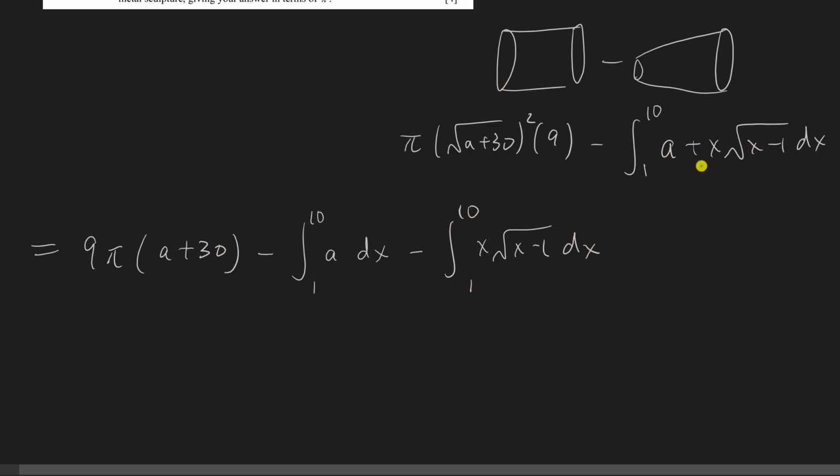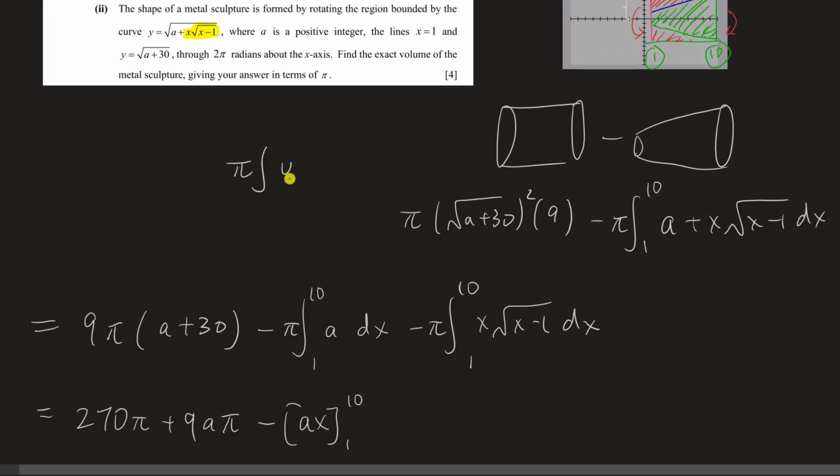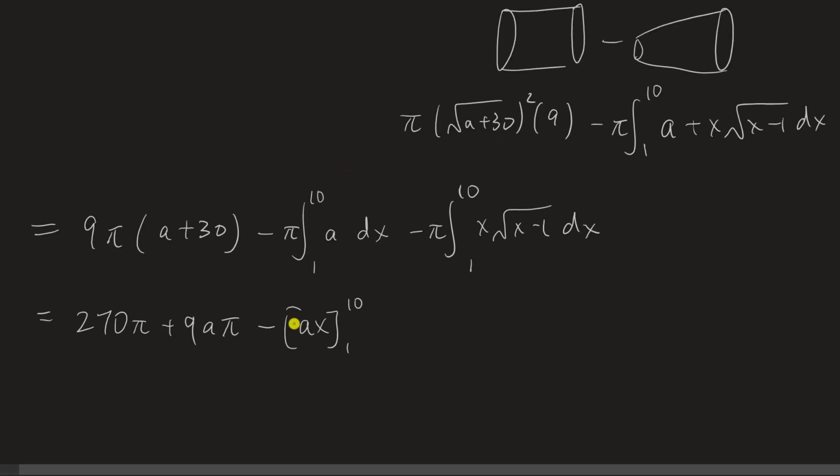Here I split this integration up into 2 parts and applied the negative to both of them to give me this. This would give me 270 pi plus 9a pi minus, oh, I left out a pi, my bad. Both of these have pi's because the formula is pi integrate y squared dx. So here I'll get a pi on the outside as well.